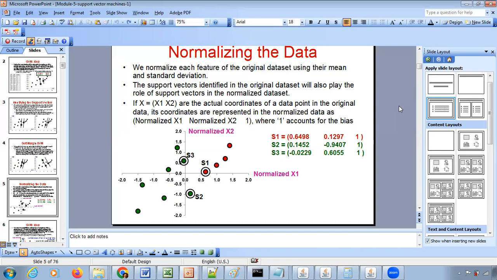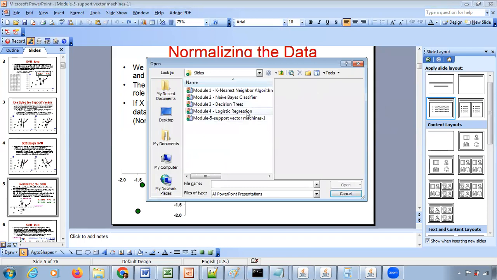It's more like the theta 0 that we had as a dummy feature. To account for that in logistic regression, we added a 1 to all the records. Same thing here.